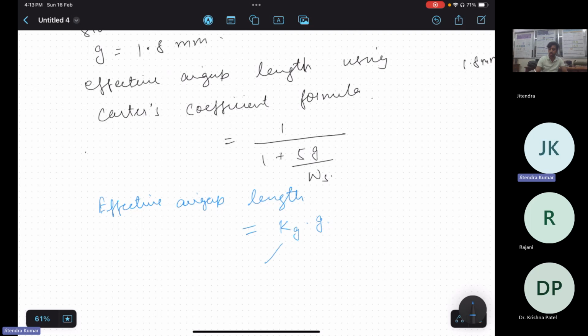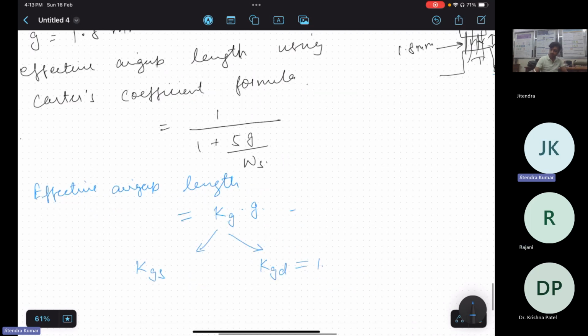And this kg comprises two parameters: one is the gap concentration factor for slots, and the other is the gap concentration factor for ducts. So kgs, kgd. And here we have to ignore the gap concentration factor for ducts, so you can consider it as 1. So here kgs into g. You can calculate kgs. Okay, so what is the expression for the gap concentration factor for slots?